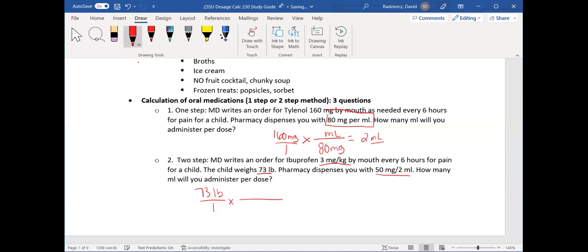So you should remember that for every kilogram, it's 2.2 pounds. And so what you're going to do is with your calculator, 73 divided by 2.2.